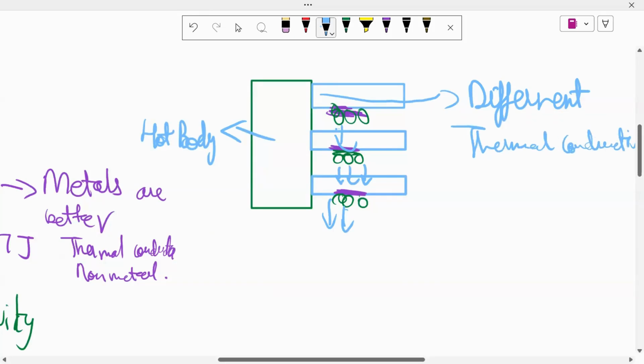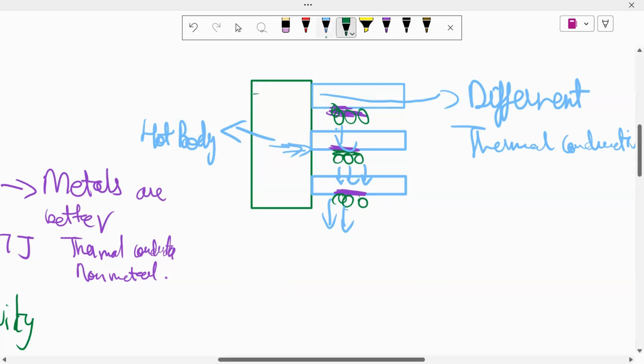The more conductive a substance is, the more heat it will gain from this hot body, and when it gains the heat, it will melt the wax, and eventually the balls will fall.